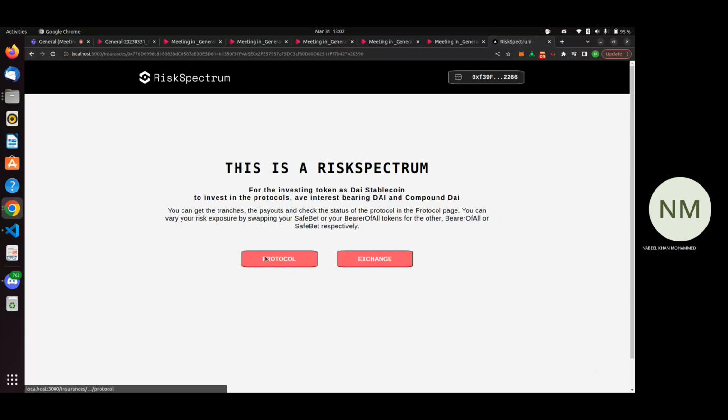Once you've reached the risk spectrum of one particular type, we have a protocol page and we have the exchange page.